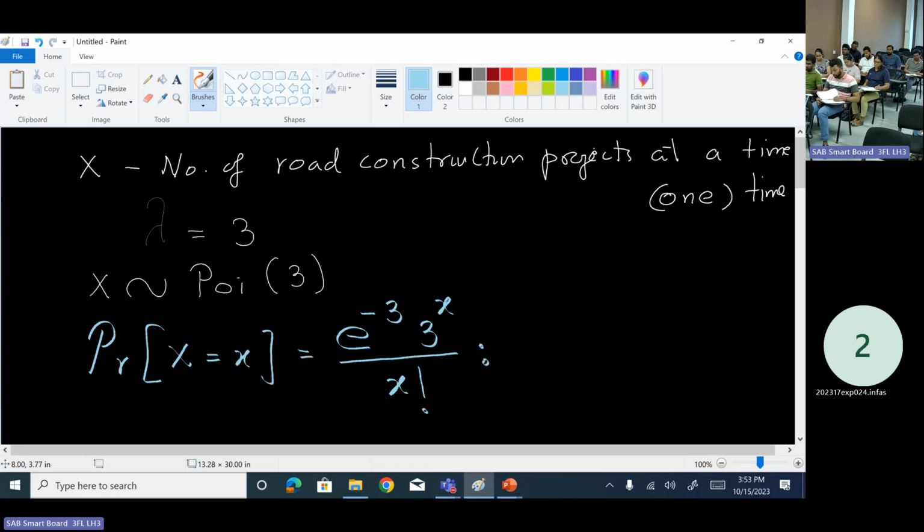Then we put the colon and mention what are the values this x can take, 0, 1, 2, 3, and so on. A variable defined, parameter identified, distribution identified, probability function written.